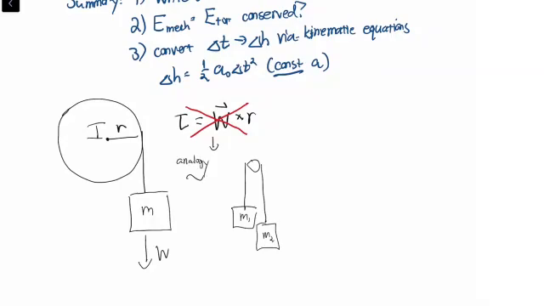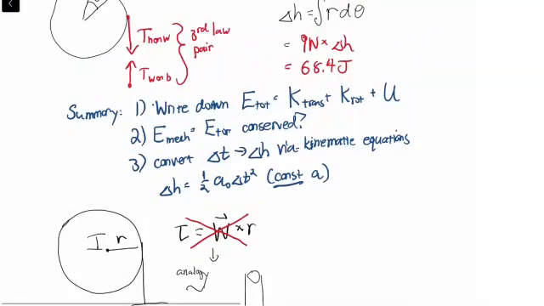This does not fall at a equals g, right? Because the inertia of the wheel matters, because the wheel needs to be accelerated too, essentially. So the way I like to think about it is that if this accelerates at g, you're basically converting from gravitational potential to translational energy.